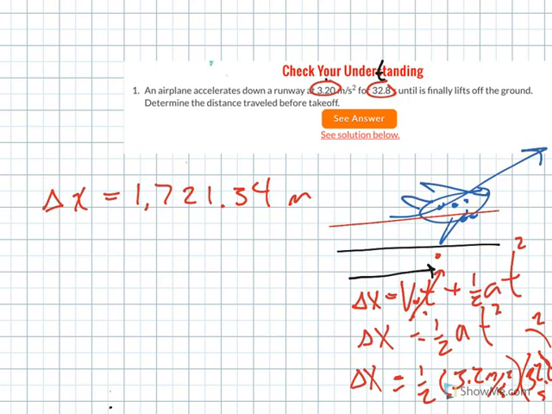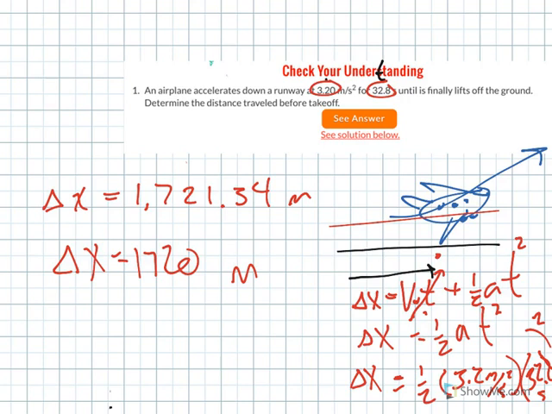That just means you're going to round this answer to 1,720, because the 1, the 7, and the 2 are significant. The rest, round that little 1 down to 0. And that's it, meters.